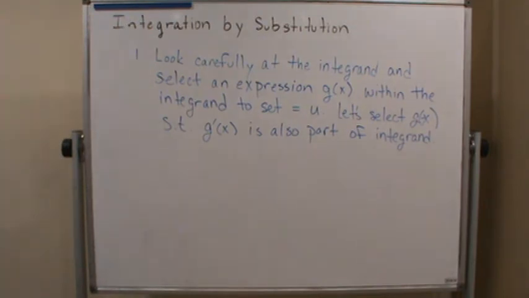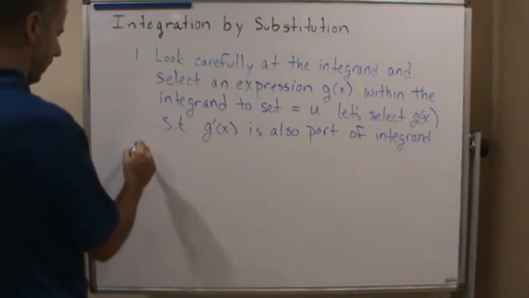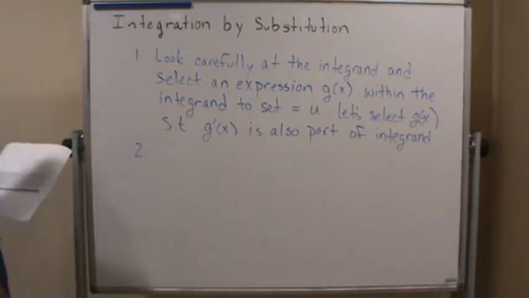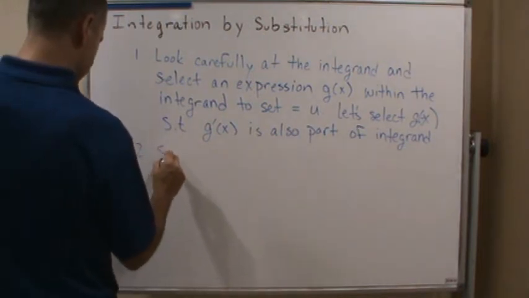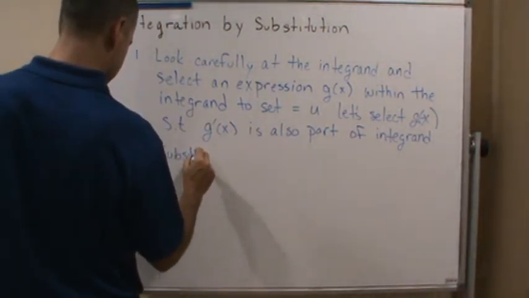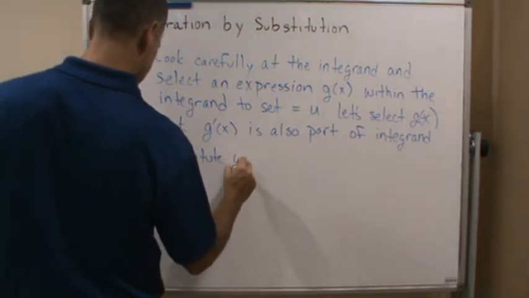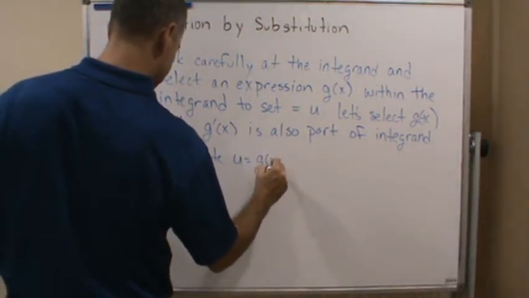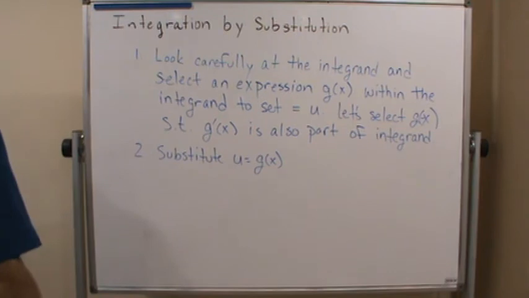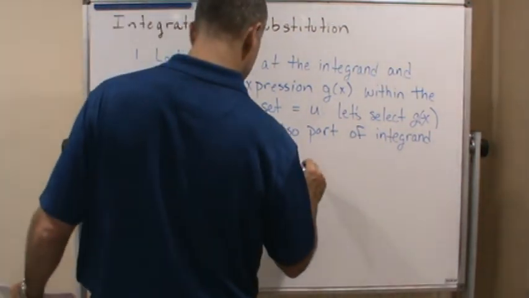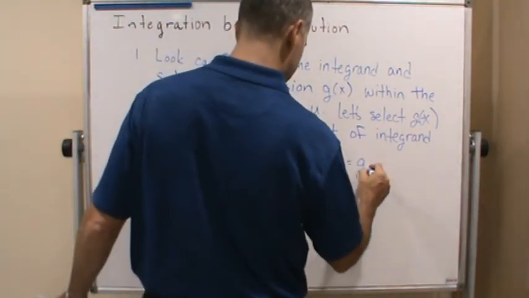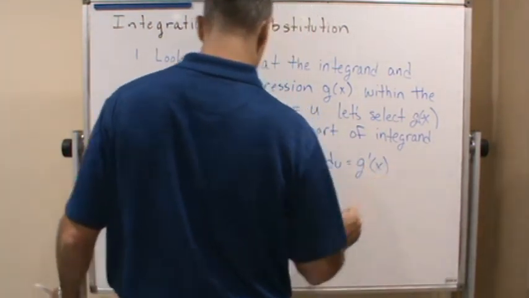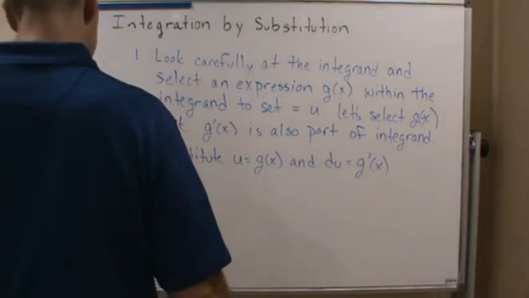Once we select those, so our u substitution, then we're going to substitute in u equal to g of x and du equal to g prime of x dx.